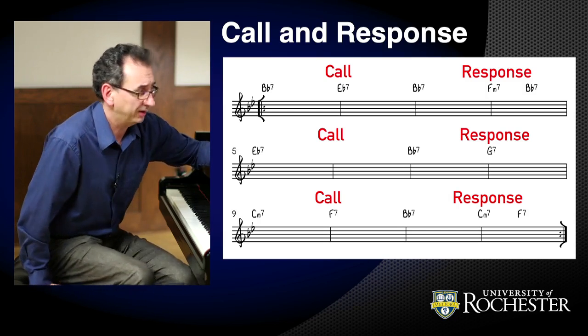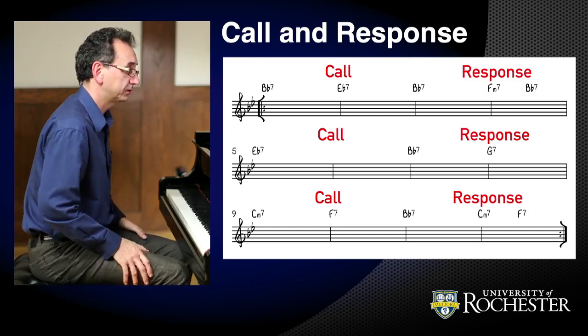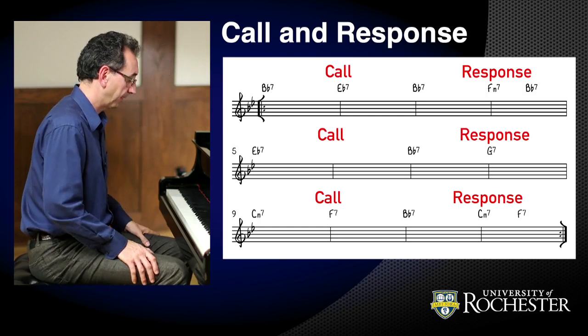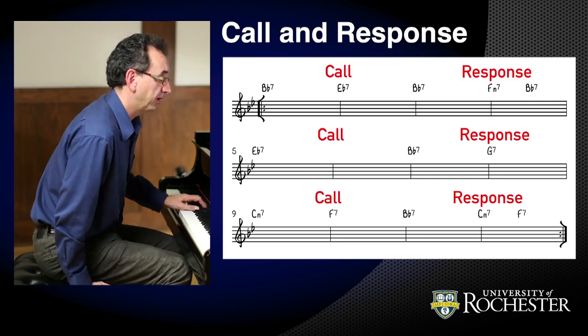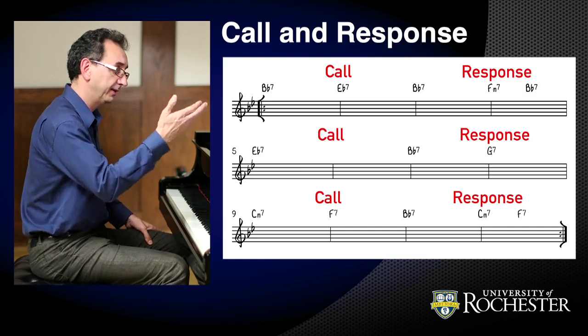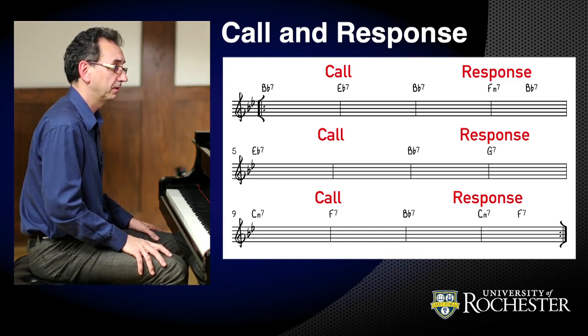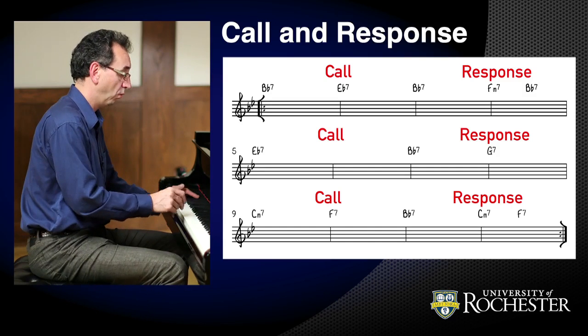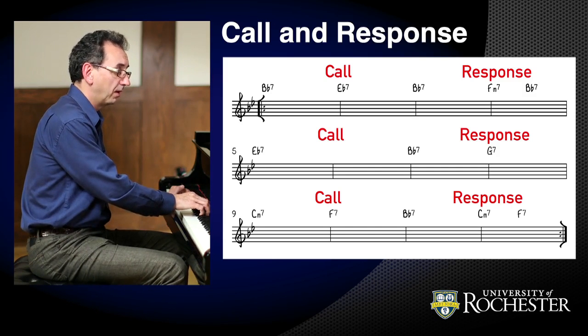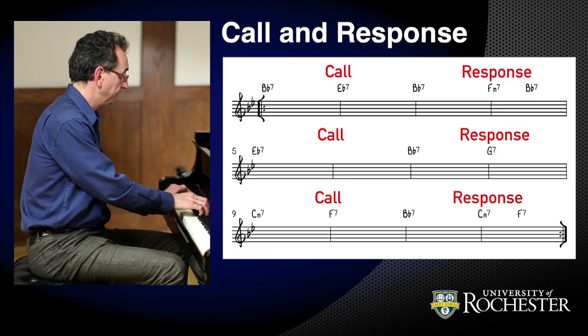So let's try that, okay? We'll use our blues scale, and I'm going to play the short melodic ideas, and we'll basically communicate those ideas together, okay? 1, 2, 1, 2, 3, 4.